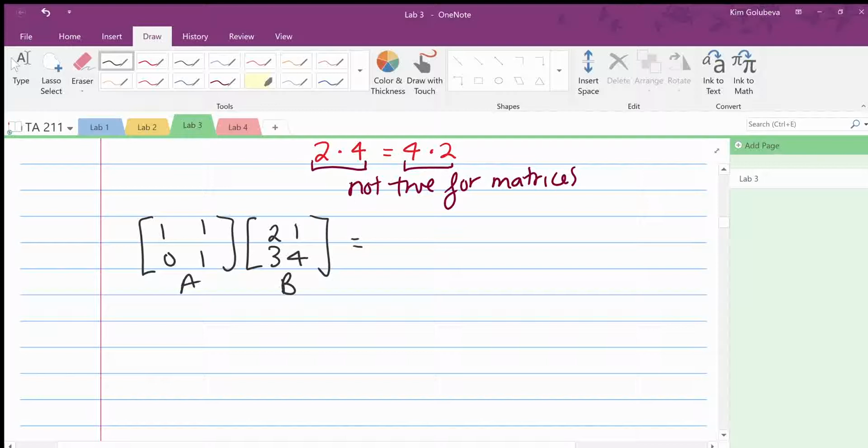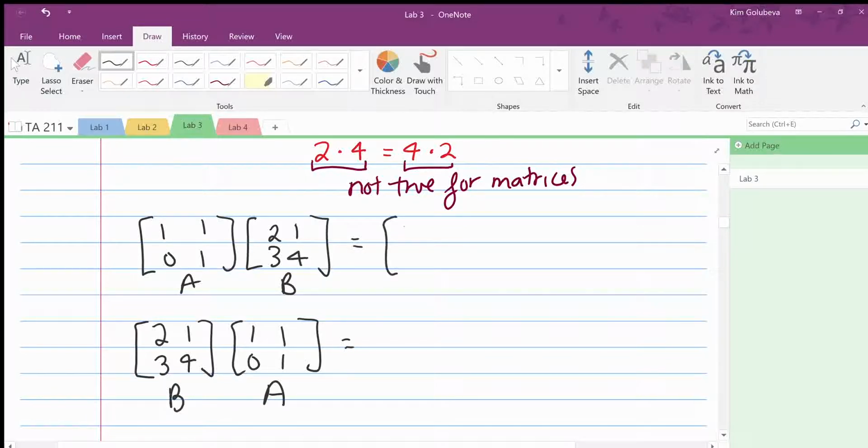Okay, if we write out the same thing with B first and then A, so B times A, we see that this ends up being [5, 5; 3, 4] and this ends up being [2, 3; 3, 7].